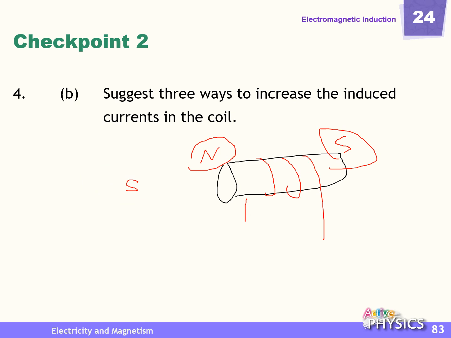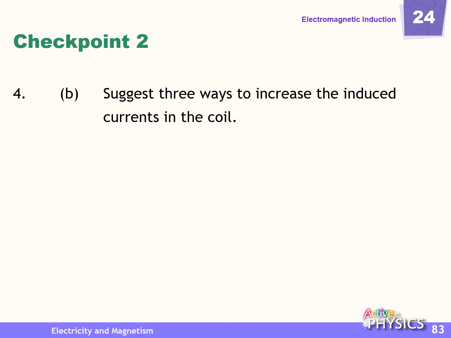Okay, so suggest a few ways to increase the induced current in the coil. So you can think of Faraday's law. How can she apply Faraday's law to increase the induced current?